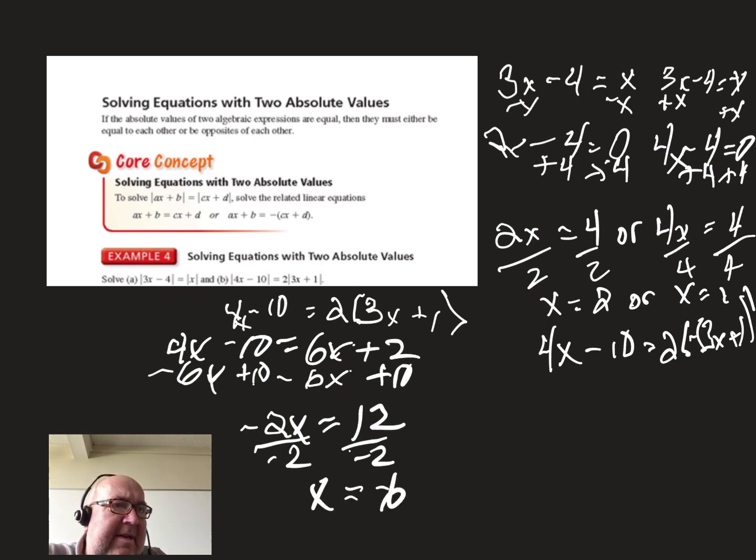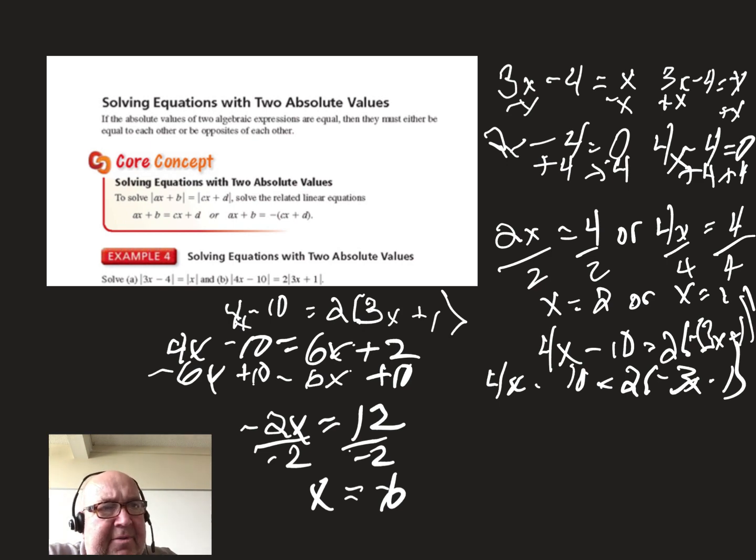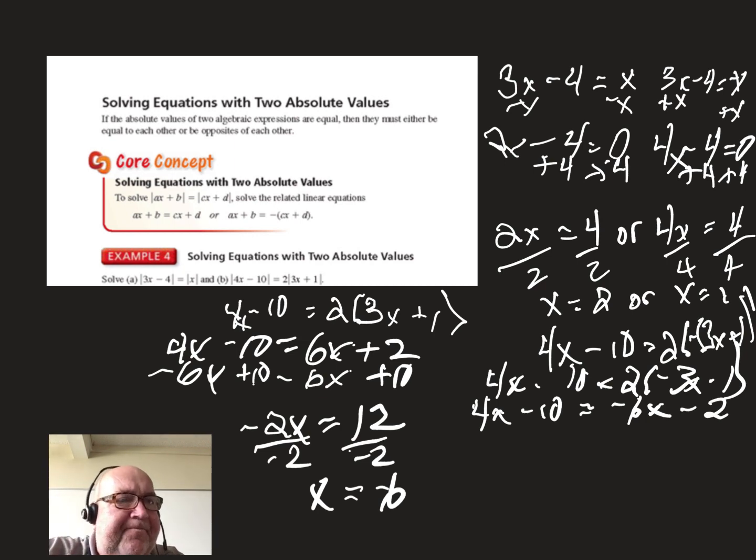On this one, where we have to make it a negative, we're going to rewrite this as 4x minus 10 is equal to 2 times negative 3x minus 1. Now we're going to distribute. We're going to get 4x minus 10 is equal to negative 6x minus 2. We're going to add 6x to both sides.